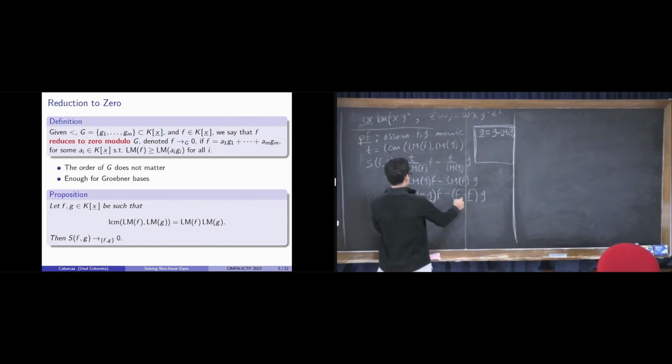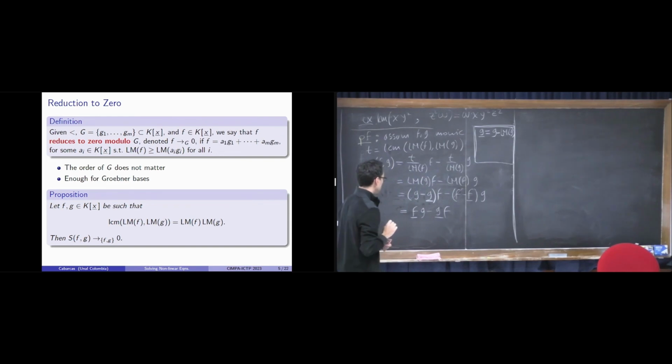Now, here we get fg minus fg, so those two things will cancel, this one with this one. And we're left with f underbar g minus g underbar f. And now I claim that this is a standard representation.